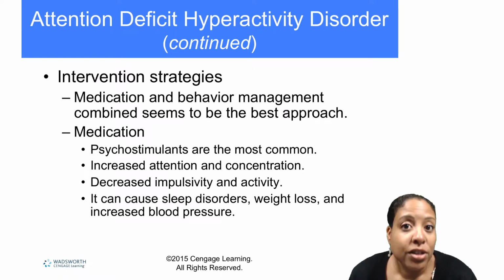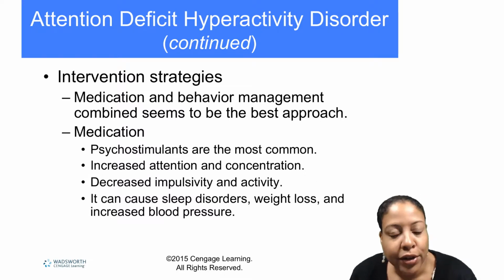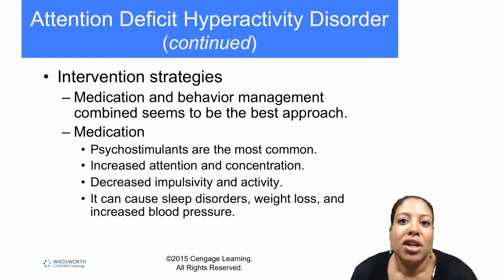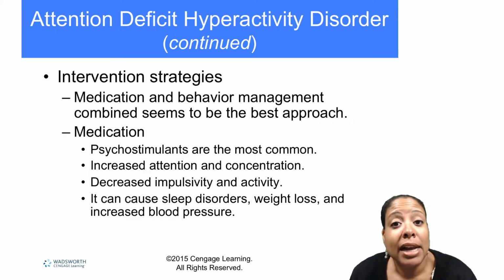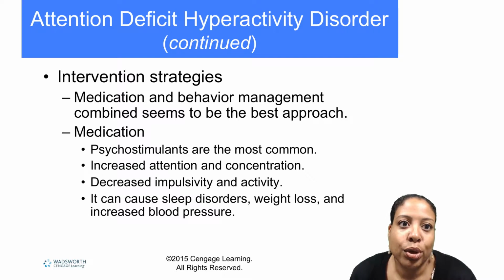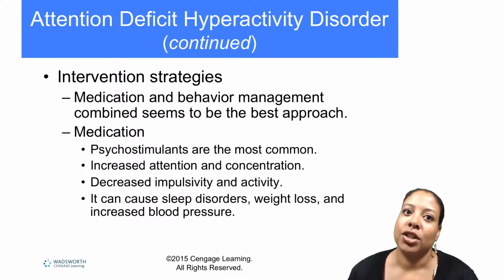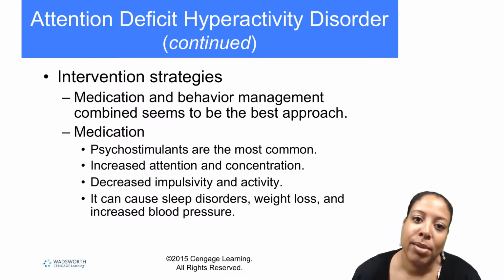What are some intervention strategies to help mitigate or alleviate some of the symptoms of ADHD, or the side effects or the behaviors? One would be medication and behavior management, and combined, those seem to be the best approach. With regards to medication, psychostimulants are the most common.